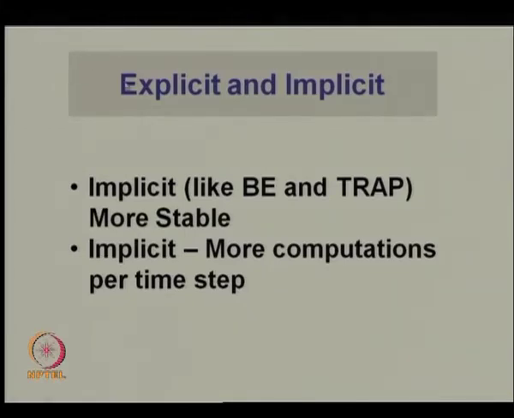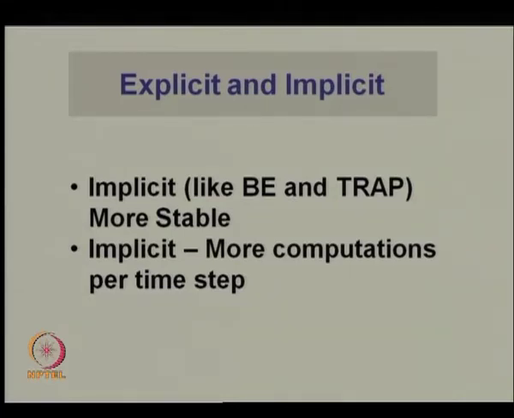So, the important thing is, if given a choice, a programmer will use explicit methods because it involves less programming and less computations per time step, but implicit methods are more stable. They do not show an unstable system to be a stable one, or a stable system to be an unstable one.